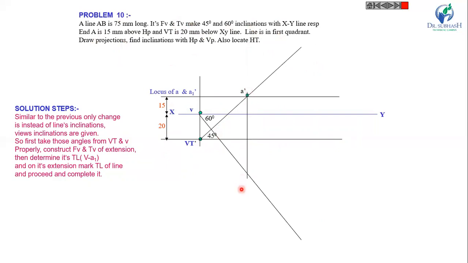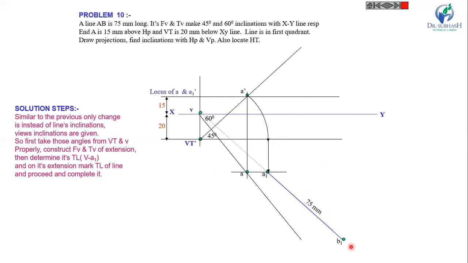Now project A dash. So this point is A. Now draw the locus of point A. So you will get point A1 here. Join this A1 with point V, and it is 75 mm.